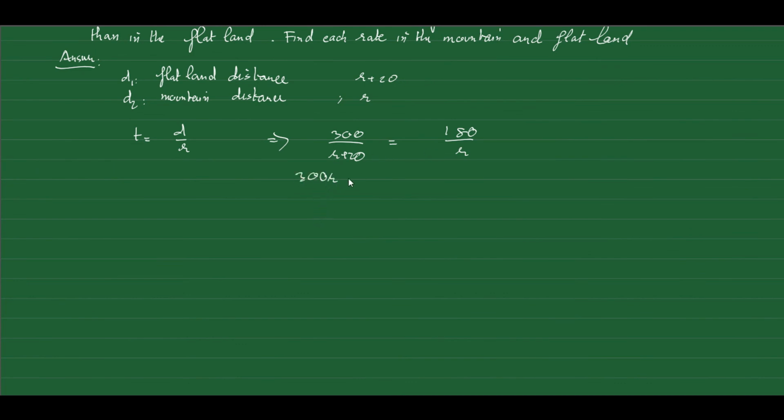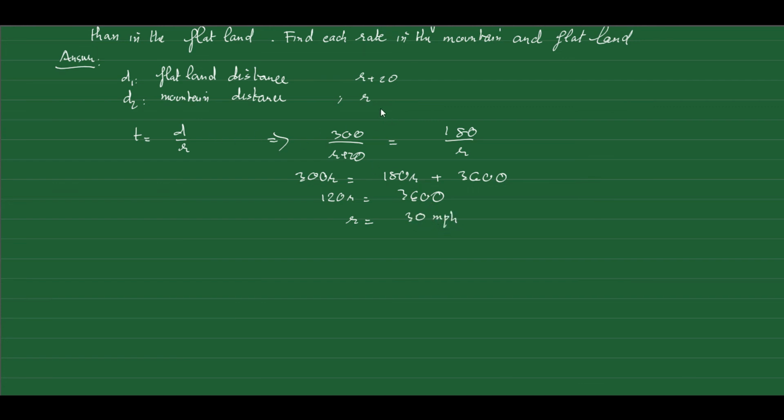So I have 300R equals 180R plus 180 times 20, which is 3600. 300 minus 180, 120R equal to 3600. Okay, divide by 120, so R will be 30 miles per hour.